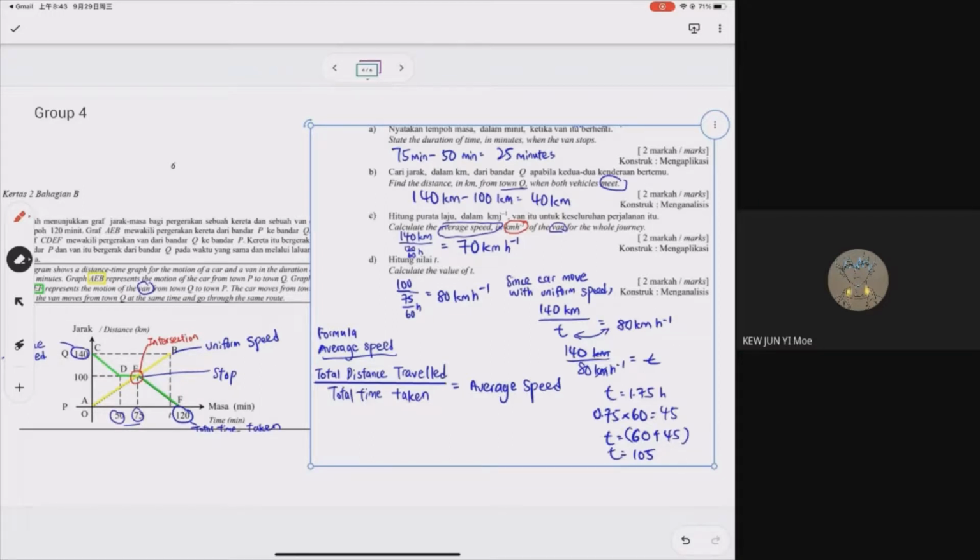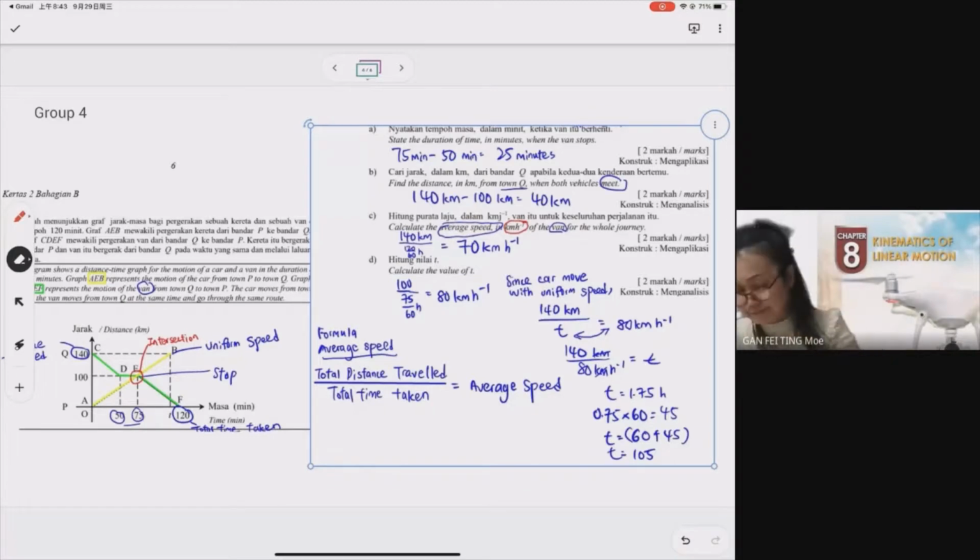From the graph, the total distance traveled by the van is 140 km, and the total time taken is 120 minutes. But the question wants the answer in km per hour, so we divide the 120 minutes by 60. And last, we get the average speed of the van as 70 km per hour.